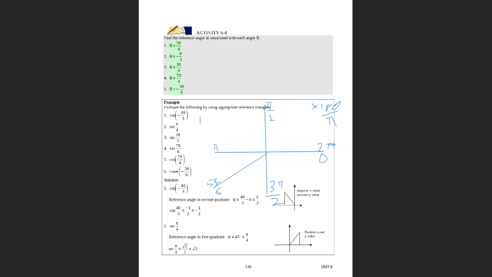So your reference angle is going to be pi minus 5 pi over 6. Then we'll get pi over 6. That's our reference angle. But let us not forget that we are finding cosec.